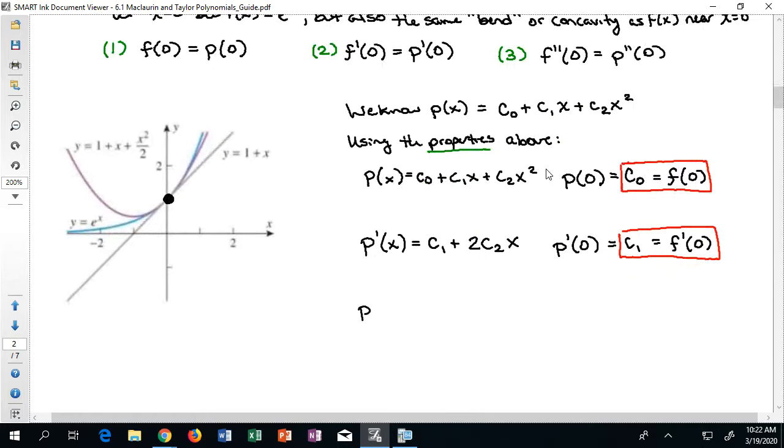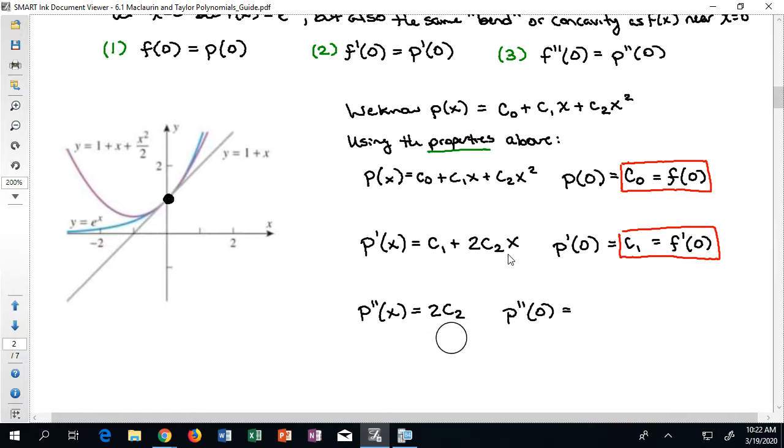I'll go ahead and do one final check here, which is on that third condition, which talks about a second derivative. So let's take a second derivative. What's the derivative of c1 with respect to x? Well, that would just be 0 again. The derivative of 2c2x is just 2c2. It's just a number in front of an x. And again, I know that I want p double prime of 0 to be equal to, well, let's see, if I plug 0 in, there's no x's in that formula, right?